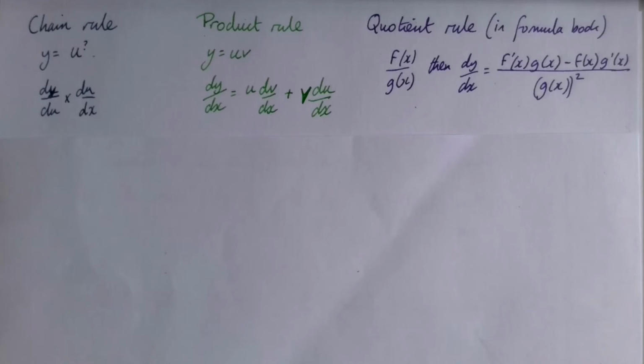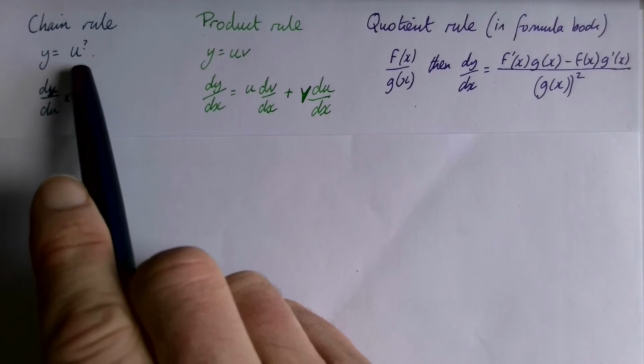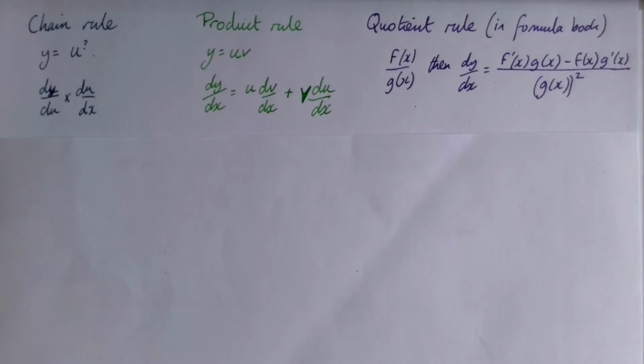All right, so let's crack on and do a little bit more differentiating trig functions, because that's the sort of algebra that really sorts stuff out. Just to recap, the three rules we've been using. Start off with the chain rule, which we use whenever we've got a function in a bracket, something like x cubed minus x all in a bracket to the power 3.